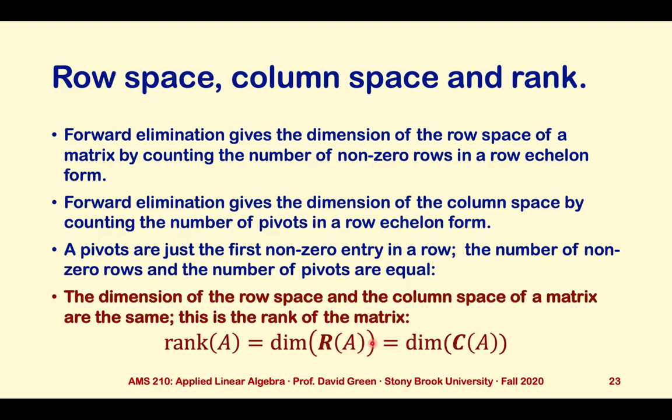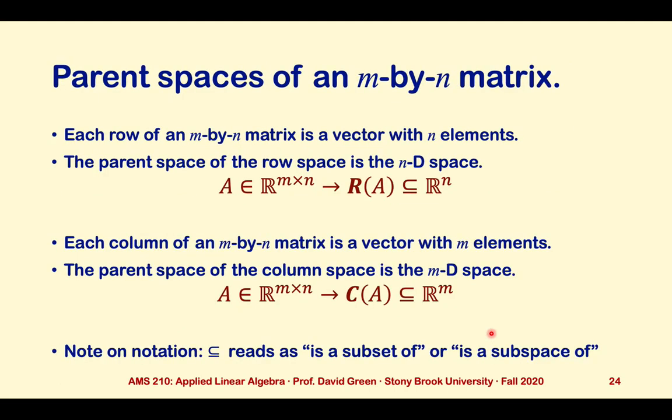If you recall our earlier definition of rank, it's the number of pivots or the number of non-zero rows. This matches this dimension, and this is one of the reasons why we define this idea of rank. It defines the dimension of both the row space and the column space.